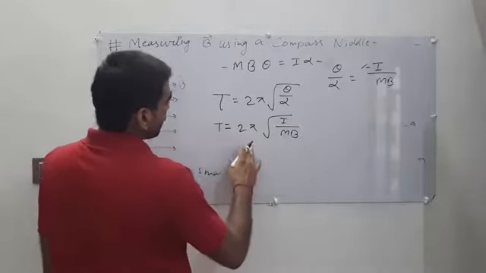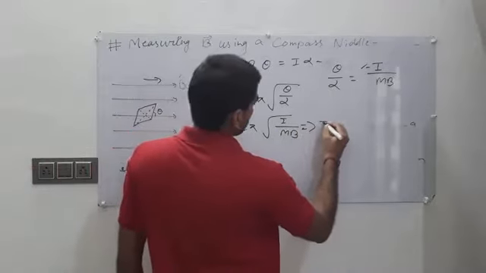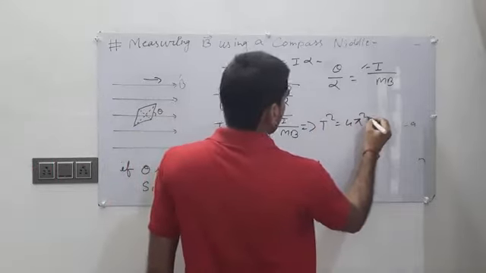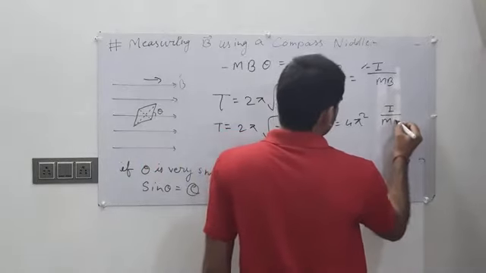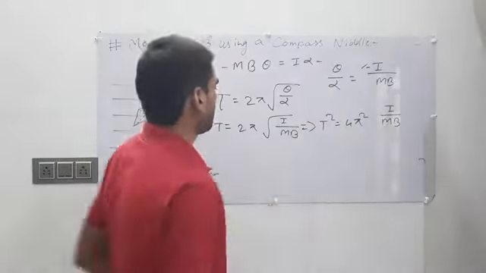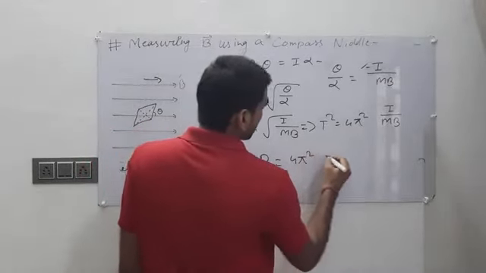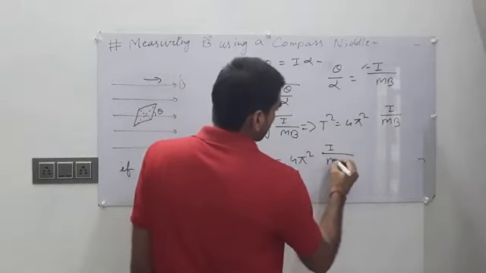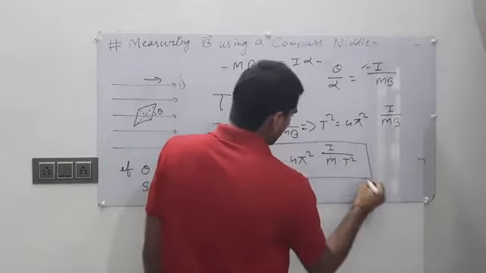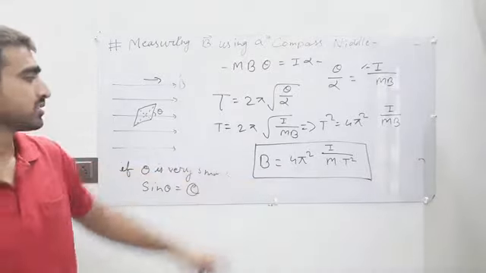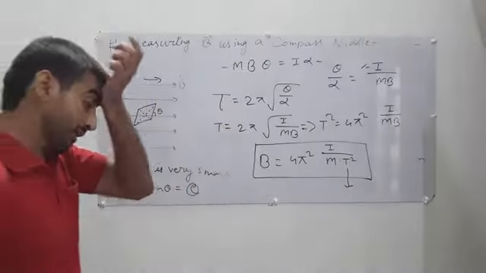Now if we square both sides, we get T square equals 4 pi square I upon m into b. That means from this equation we can also say that the capital B is 4 pi square I upon m into T square. So this is your magnetic field formula with respect to the time period of the compass needle.